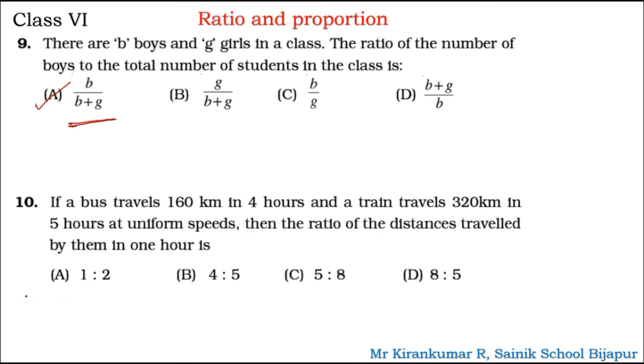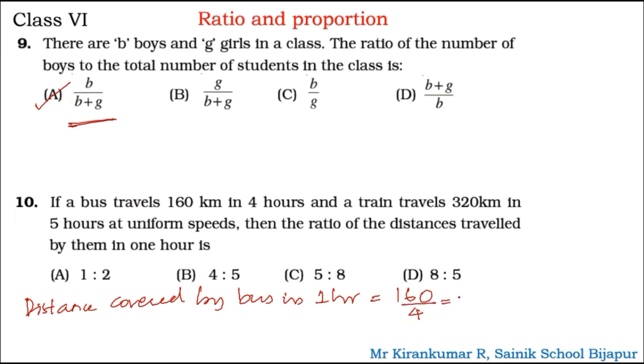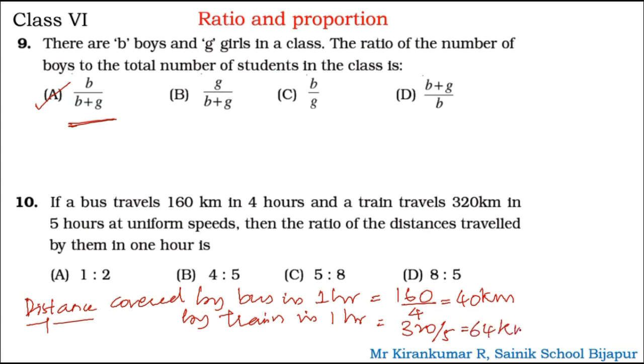The distance traveled by bus in 1 hour will be 160 divided by 4, which is 40 kilometers. At the same time, the distance covered by train in 1 hour will be 320 divided by 5, which is 64 kilometers.